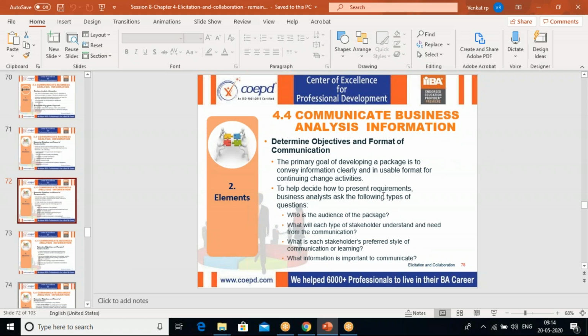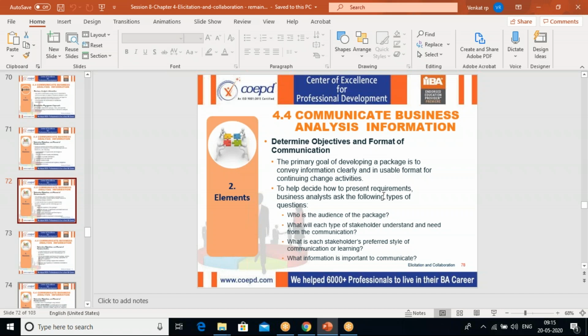To help decide how to present requirements, the business analyst asks the following types of questions: Who is the audience of this particular package? What will each type of stakeholder understand and need from this communication? What is each stakeholder's preferred style of communication or learning?